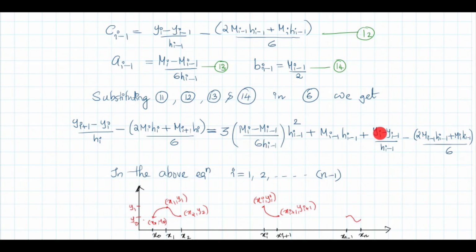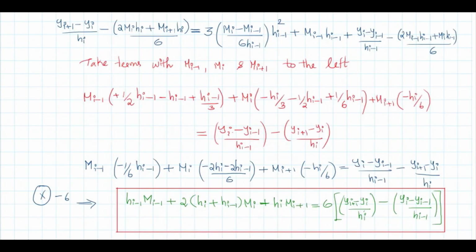We can simplify this expression. You take m_{i-1}, m_i, m_{i+1} to the left hand side. Group all the terms containing m_{i-1}, group all the coefficients of m_i, and group all the coefficients of m_{i+1}. On the right hand side, these two terms remain.